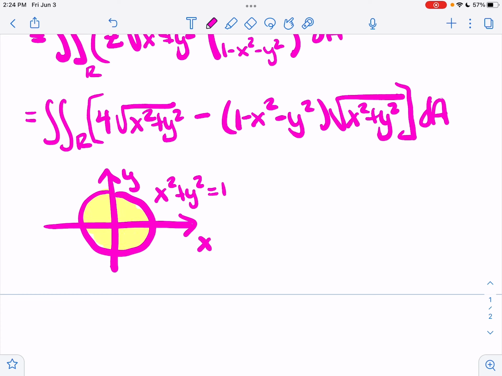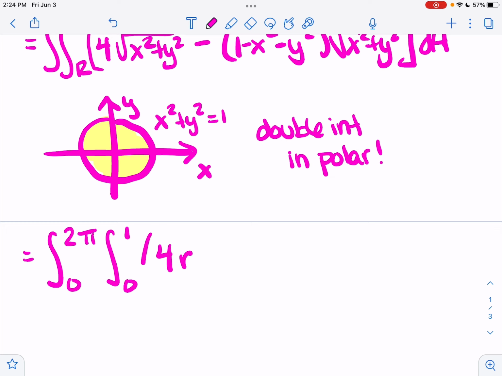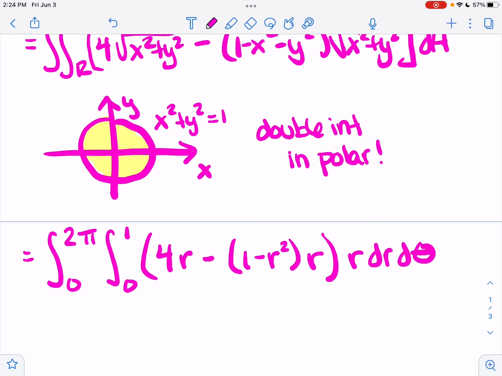Since the double integral is over a circle, it makes sense to use polar coordinates. This becomes the integral from 0 to 2 pi, all 360 degrees, and radius 0 to 1. And remember, x squared plus y squared is r squared. So this looks like 4r minus 1 minus r squared times r, and then there's the r dr d theta. And that's what we end up with.